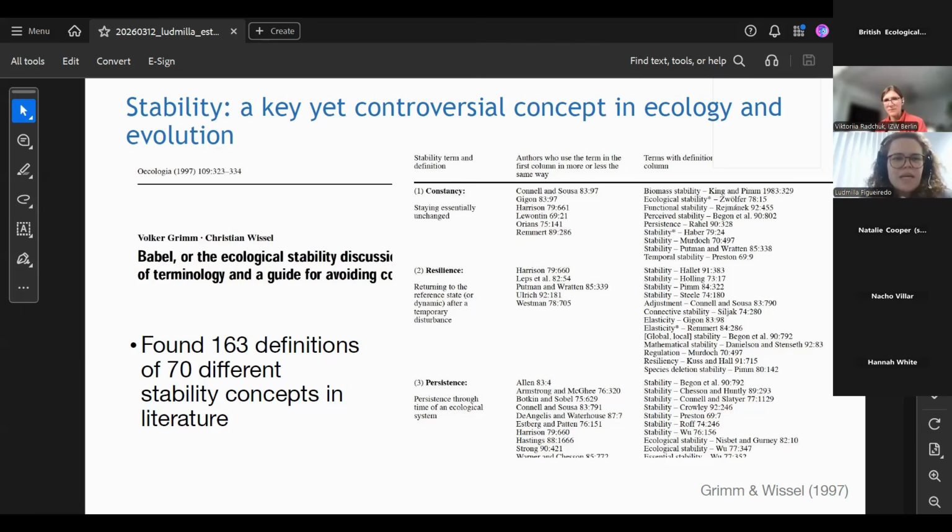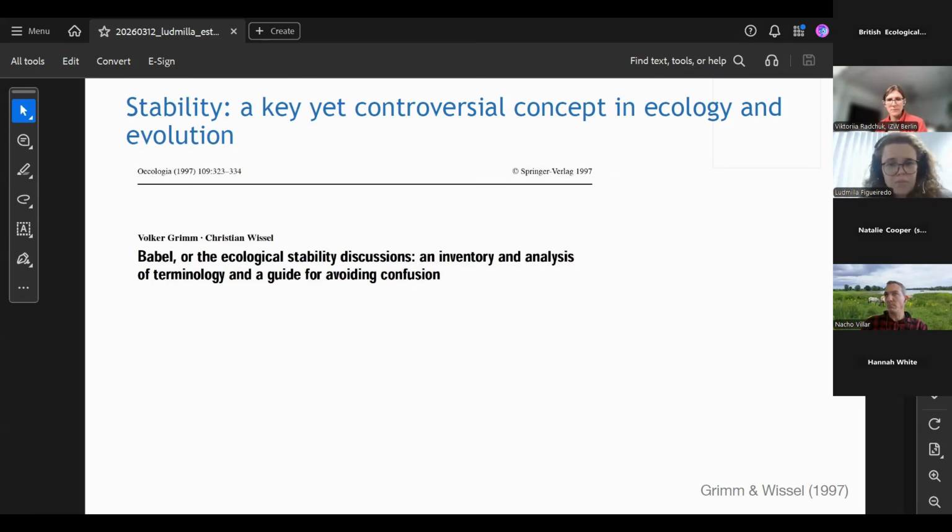So this was a big motivation for us to say, okay, can we boil down to how many metrics and can we focus on them and can we make them available for people to use, right? So there was this idea of calling it a Babel, because everybody's talking about stability, but there is no defined concept for it, like a single common denominator, right?